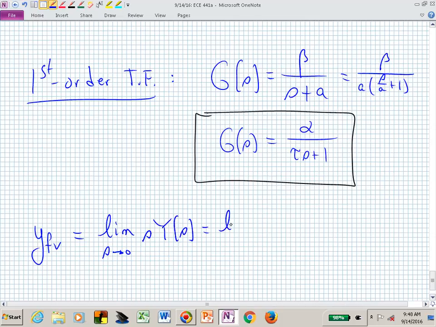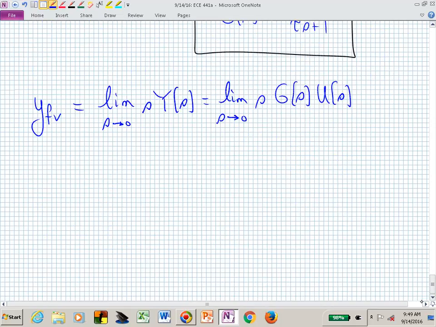And that means that we have the limit as s goes to 0 of s, and Y(s) is the system times the input. And we haven't said yet what the input is other than it's a constant.